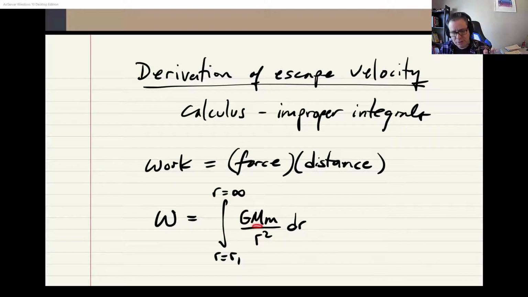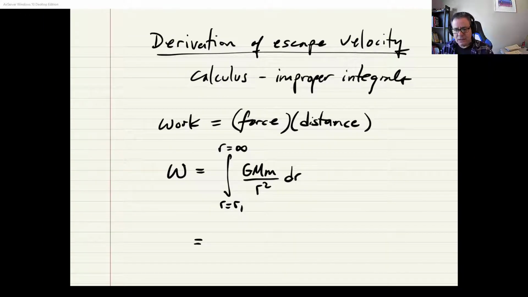So M represents the mass of the primary body, little m is the mass of the orbiting body, and G is a constant that ultimately is about the units that you use for measuring distances, time, and mass.